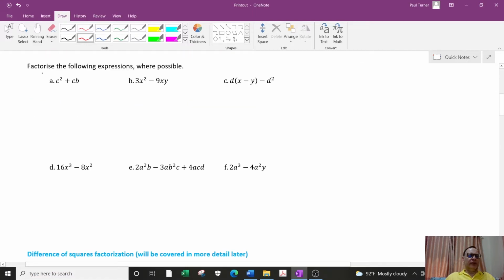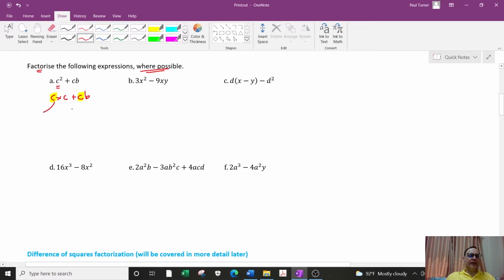What we'll do now is factorize some basic expressions, if we can. Maybe we can't factorize. Where possible means you may not be able to factorize. So let's look at these. We've got c squared plus cb. One way to do it, you could write out c times c, which is c squared, plus cb. And if you notice, what are the common factors? We have a c here, and we have a c here.